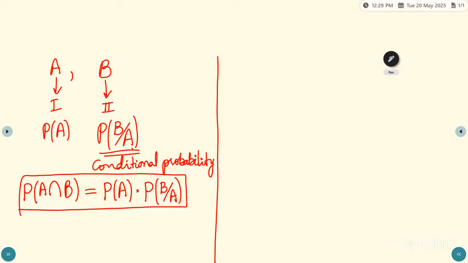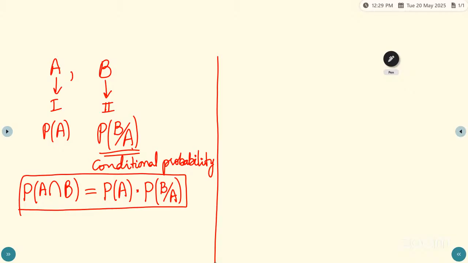Your employment is not affected by your educational qualification. Your educational qualification doesn't affect your employment. Am I right or not? Say yes or no. Right. So here, independent event means the first happening event doesn't affect the second happening event.